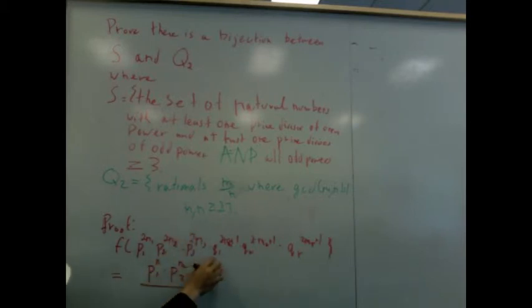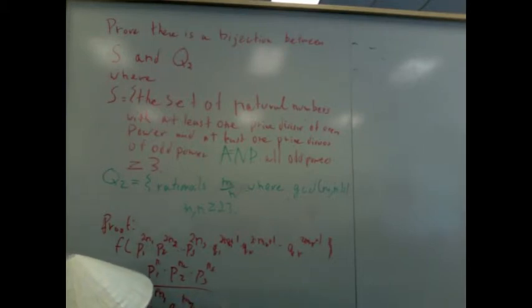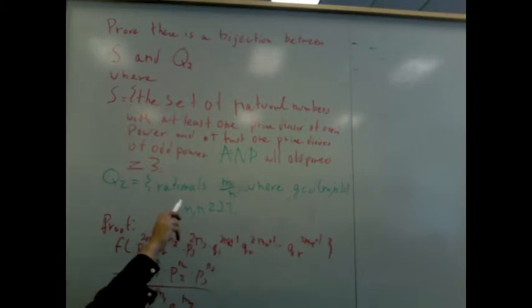Second proviso: the odd powers now go in the denominator, but you replace the 2m1 plus 1 and make them into m1s. So q1 to the m1, q2 to the m2, up to qr to the mr. I made the proviso that all odd powers are greater than or equal to 3.